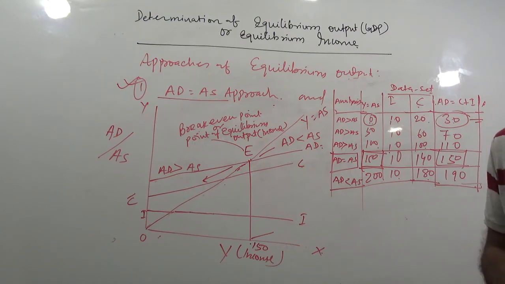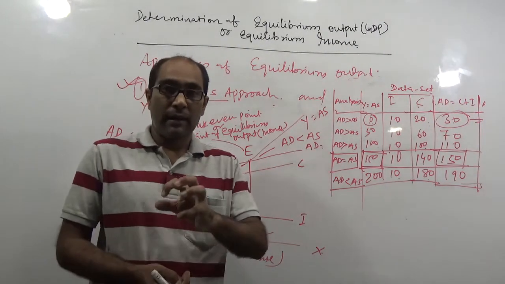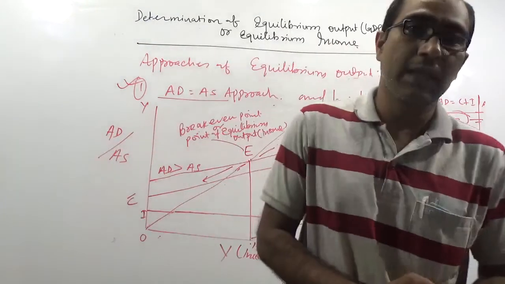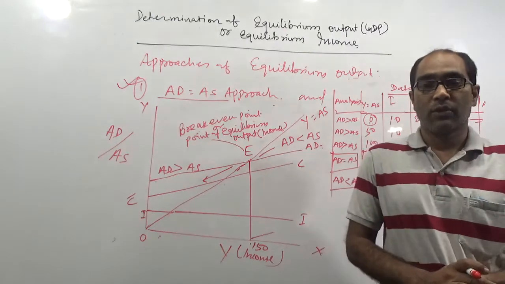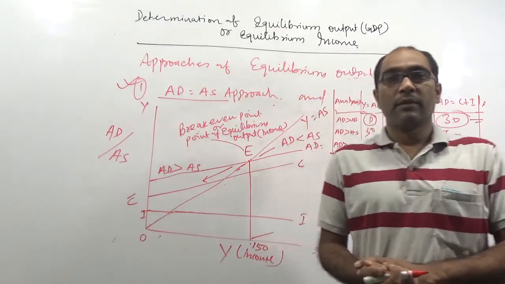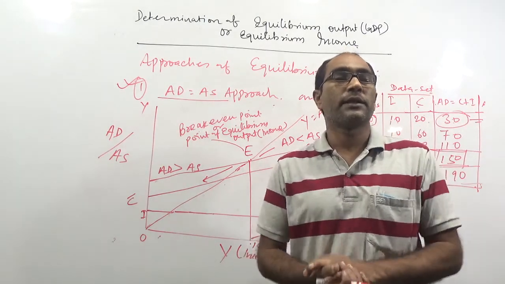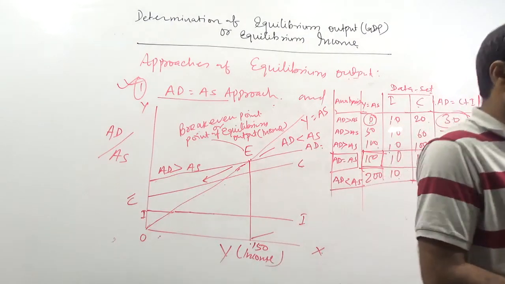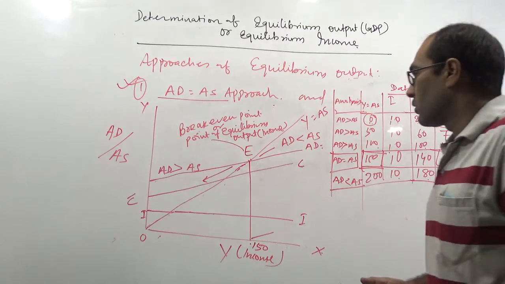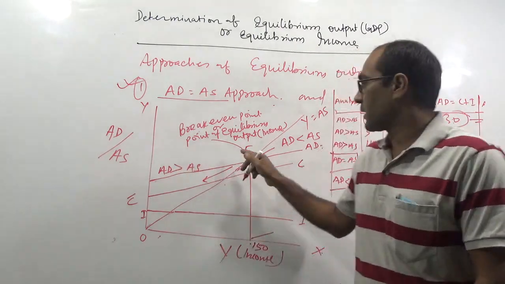So, dear student, after reaching the point of equilibrium, we should be aware of the other two conditions. Those conditions are not ideal for equilibrium, but are for disequilibrium. So for disequilibrium, there are two possibilities: one, AD greater than AS, another, AD less than AS.